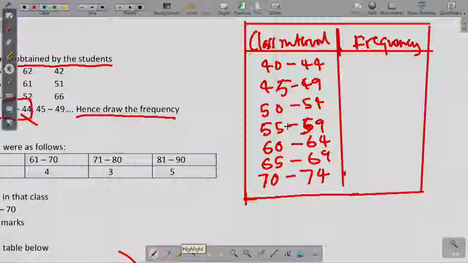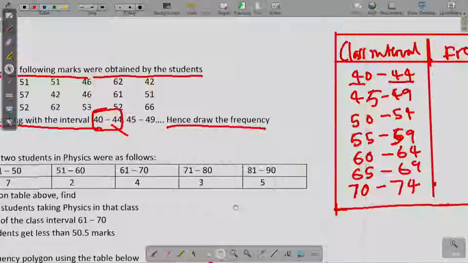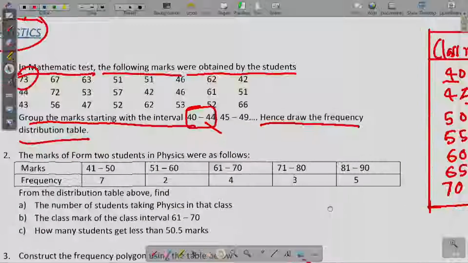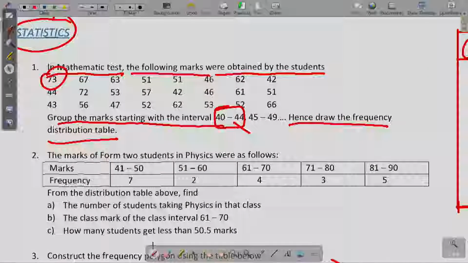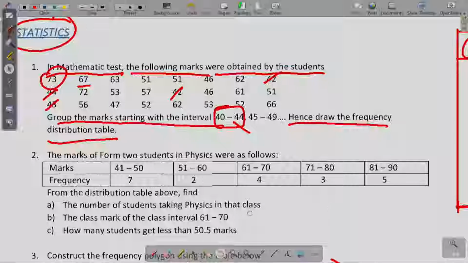Let's now fill the frequency from 40 to 44. Let's find the marks from 40 to 44. How many are they? Here, 40 to 44. This is the first one, the second one, third one. So here we find 4 marks.